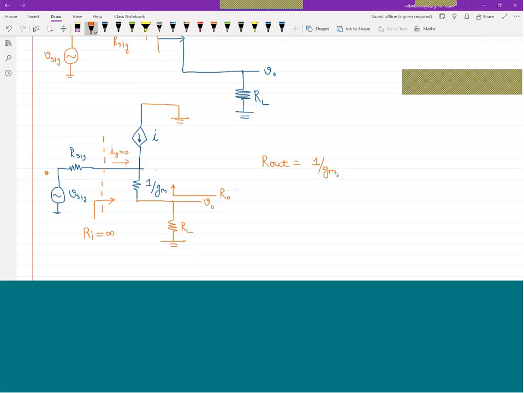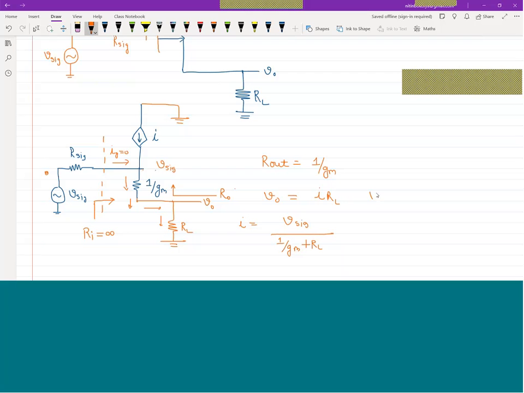And what is the output voltage? This current here is I. So we can say V out equal to I into RL. And what is the value of I? This is V signal. So I is equivalent to V signal divided by 1 by GM plus RL. This is the value of current.